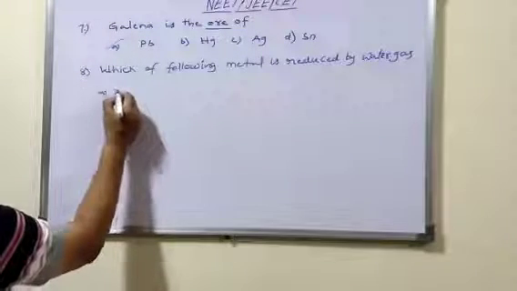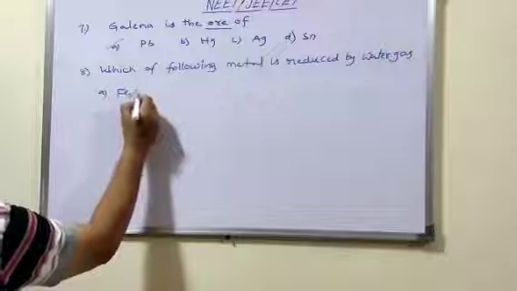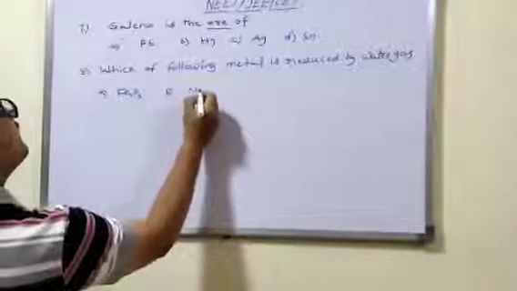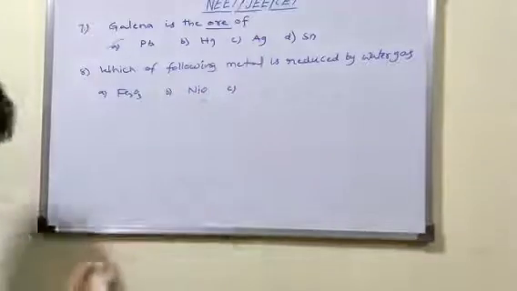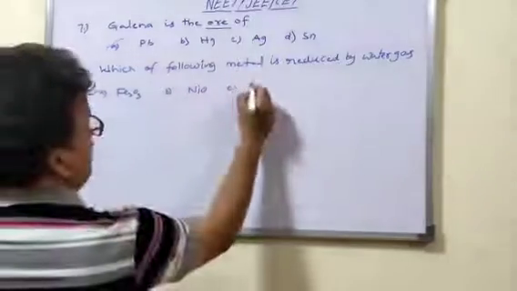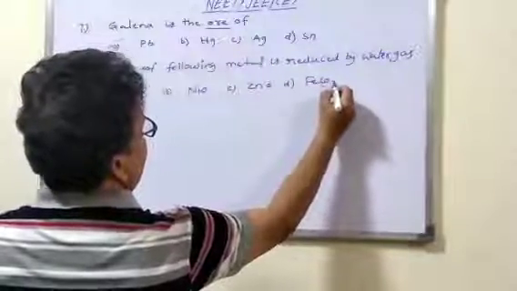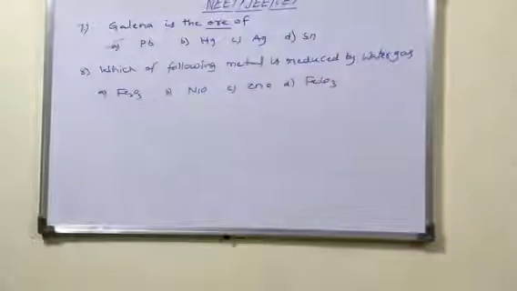Options are Fe2O3, nickel oxide, zinc oxide, iron carbonate. Which of the following is reduced by water gas?